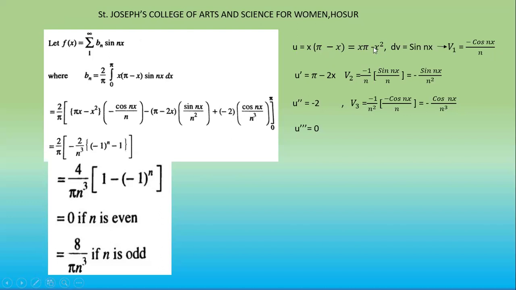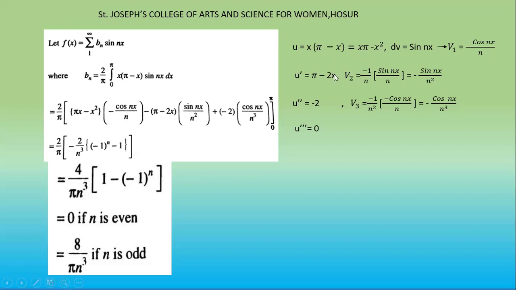From u, find u dash. Here pi is a constant, so the differentiation of pi x is pi, and the differentiation of x square is 2x.